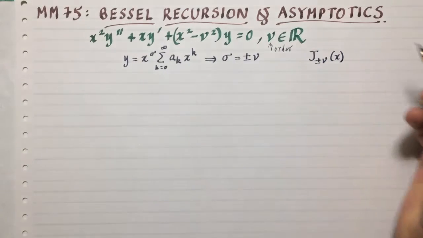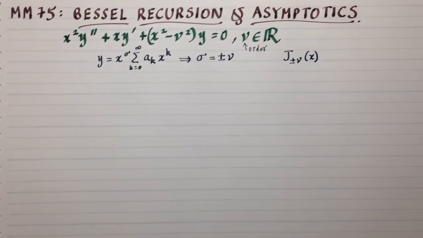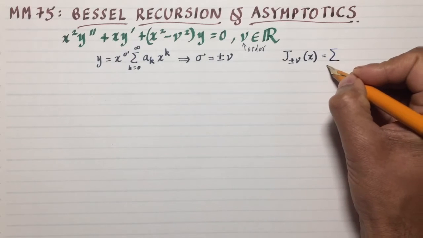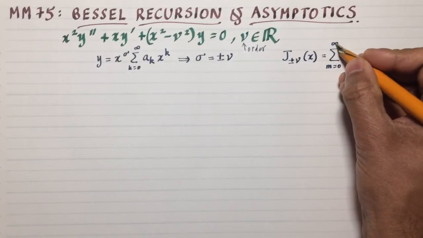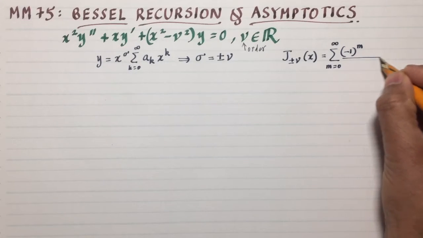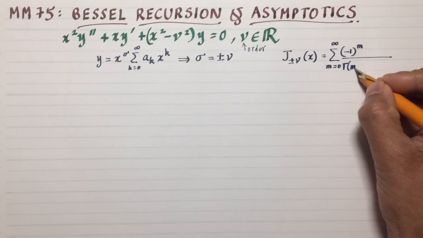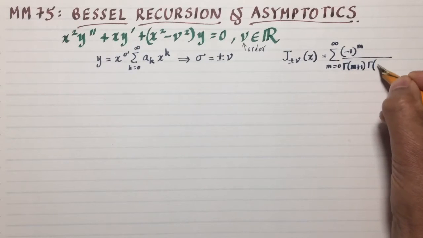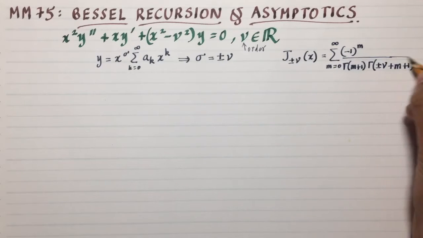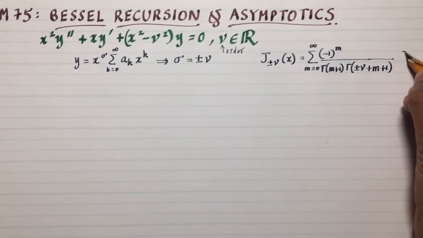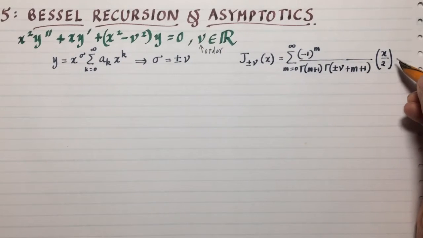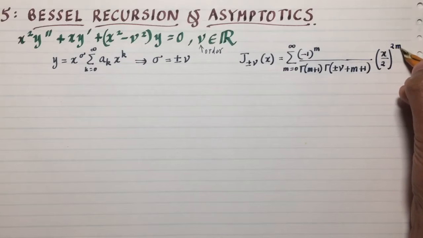These are called the Bessel functions of plus nu order or minus nu order, and they are given by a closed form expression that looks like this: negative 1 to the power m divided by a product of gamma functions times x over 2 to the power of 2m plus or minus nu.